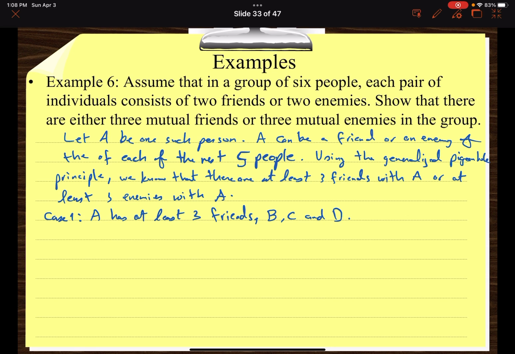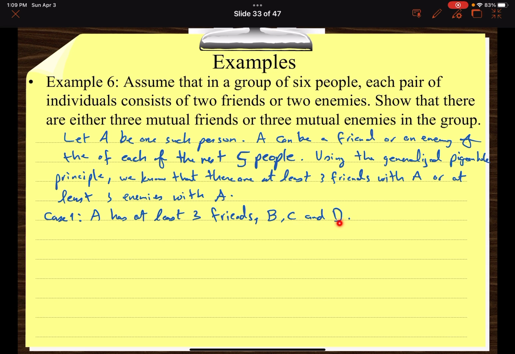Let's assume that A has at least 3 friends, namely B, C, and D. If that's the case, what do we know about the relationship between B, C, and D? They can be friends or enemies, right?